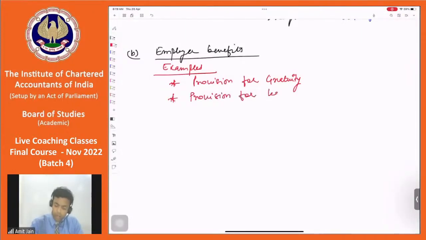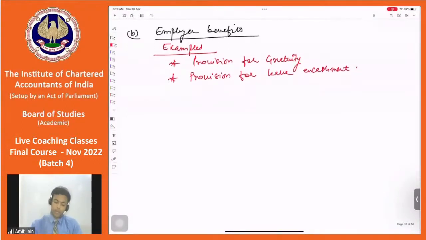Provision for leave encashment. Correct?